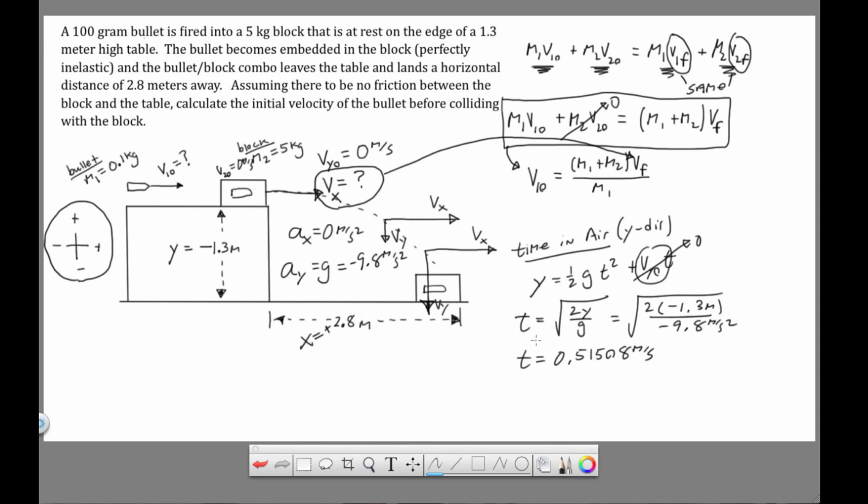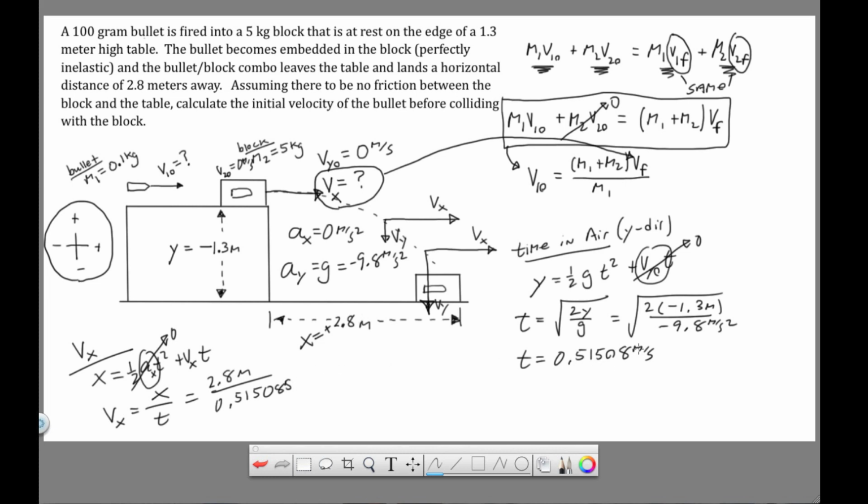Now that we have the time in the air, we can figure out what this x velocity was. So now we go to the x direction and solve for Vx. Again, the first kinematic equation: x equals 1/2 a t squared plus Vx t. There is no x acceleration, so that goes to 0, and velocity x is x over t. Our x displacement is 2.8 meters, and our time is 0.51508 seconds.